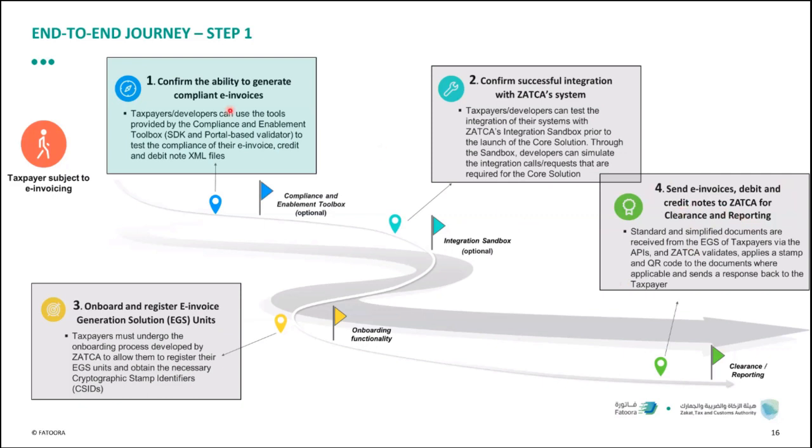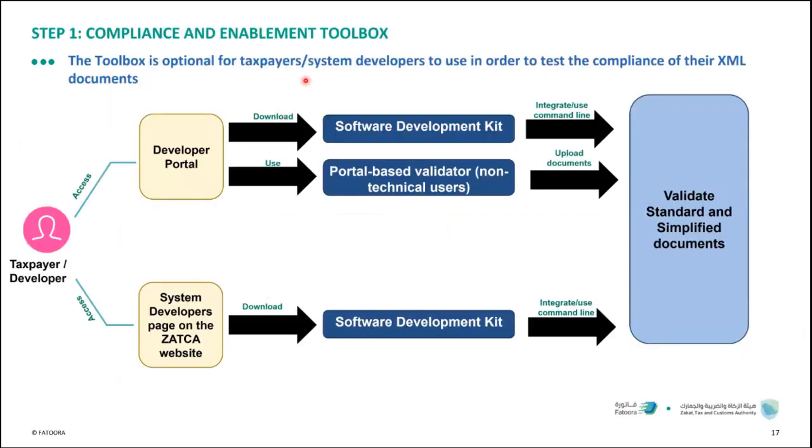So let's zoom in on the first one, which is the compliance and enablement toolbox. To access it, you have 2 options. First of all, you can log into the developer portal. There you'll either download the software development kit, the SDK, and use it to validate through the command line or by integrating it with your IDE, to make sure that your invoices are being generated in the proper manner.